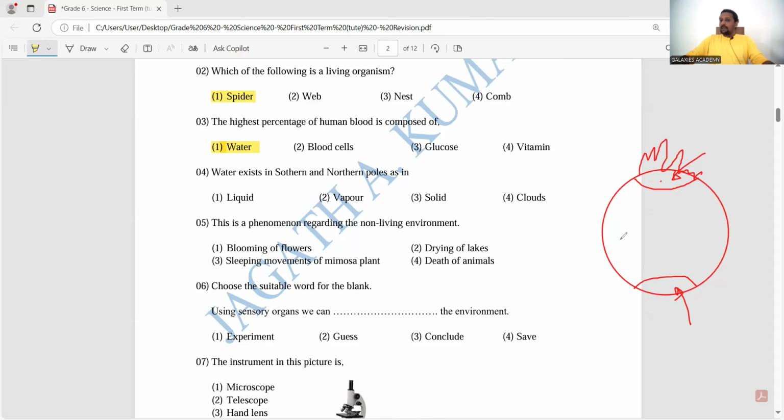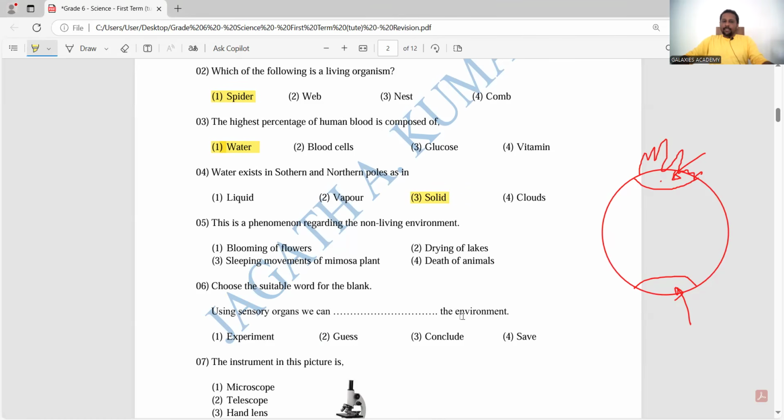So glaciers are in which form? What is the state of the glaciers? We introduce glaciers as the solid state. So what is the fourth question's correct answer? Third answer, no? Solid state. Right, it is the fourth question answer.